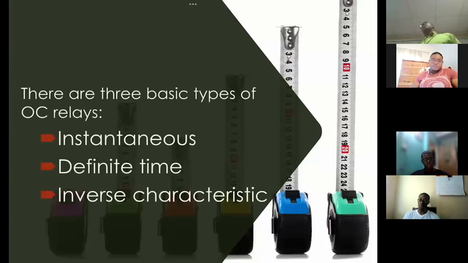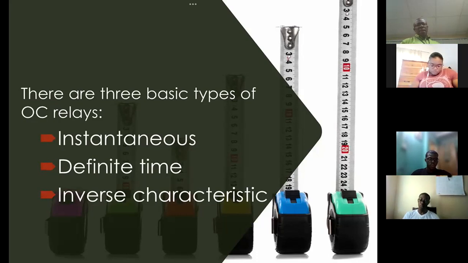Now, there are three basic types, and we mentioned them last week, right? In terms of their operation, we have instantaneous, we have definite time, and we have overcurrent relays which carry an inverse characteristic. For the instantaneous, it simply means that once the current exceeds a particular value, then we are going to have operation.